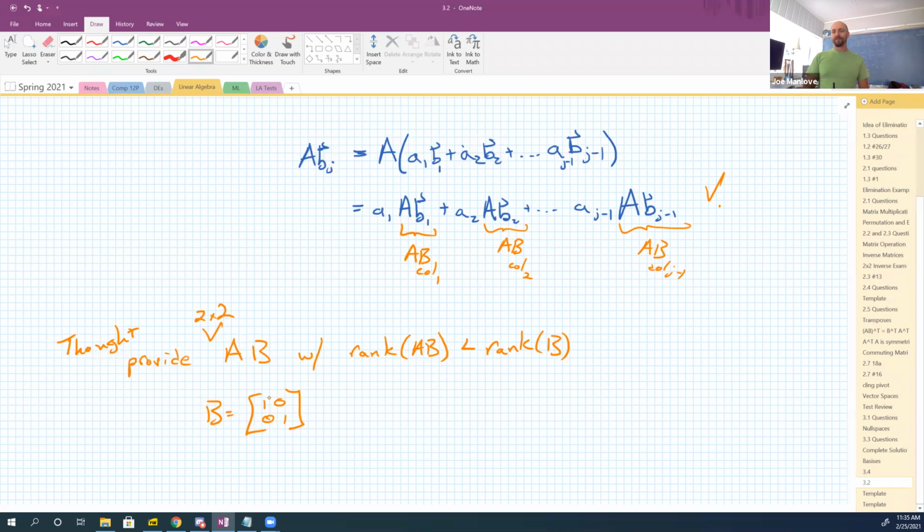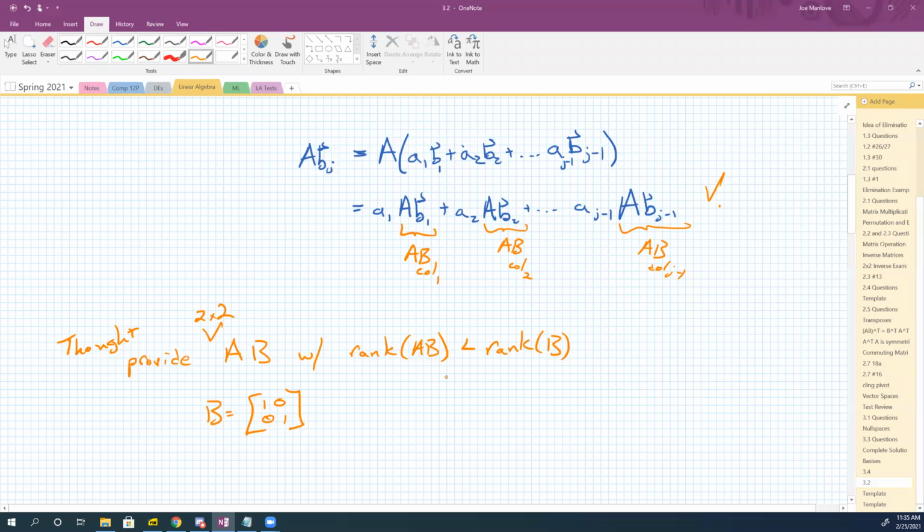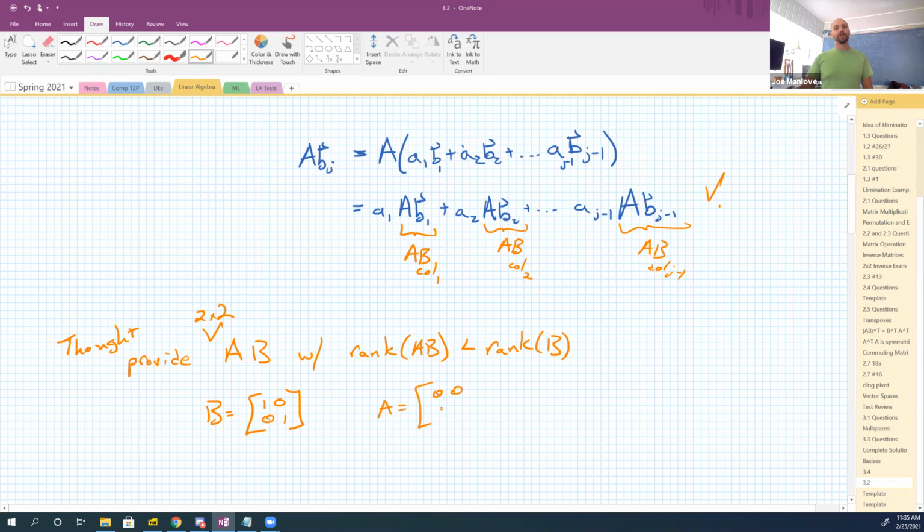Guys with me on that? Yeah, A could be a projection matrix or the zero matrix. Perfect, something like that. Either one would work. I'm going to take the zero matrix just to prove that it could be really much smaller, right? It doesn't have to just go down by 1.